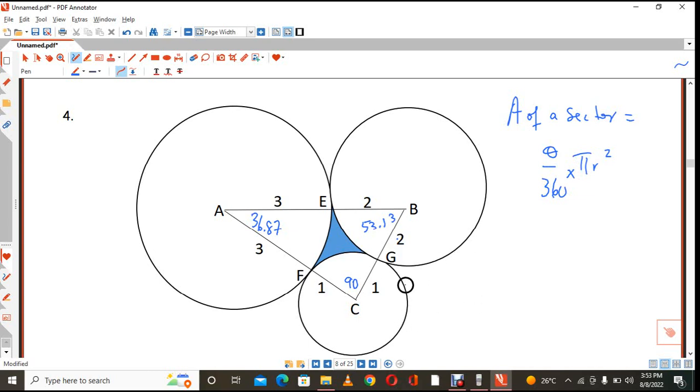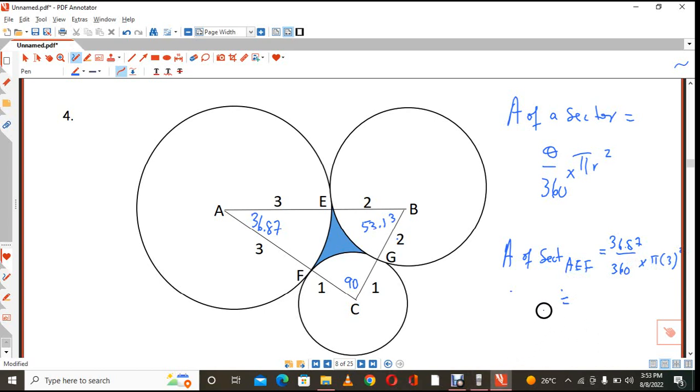All right, so the area of sector AEF is equal to 36.87 over 360 times pi, and the radius there happens to be 3 squared.